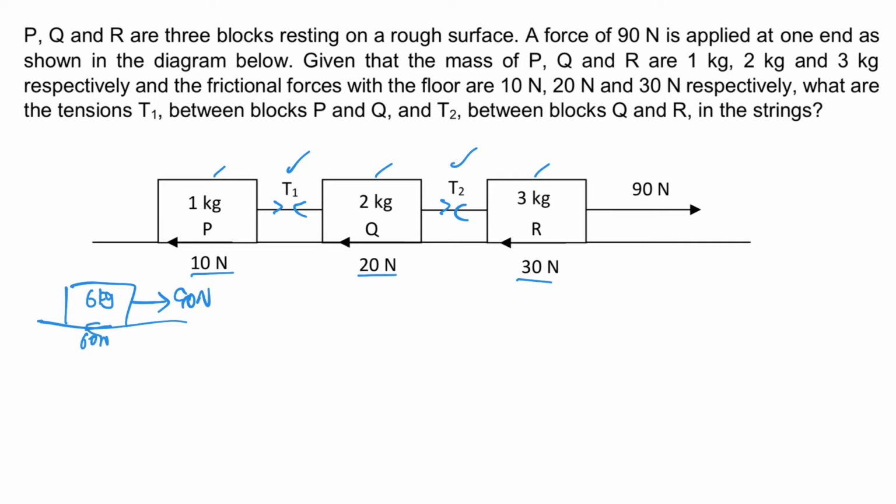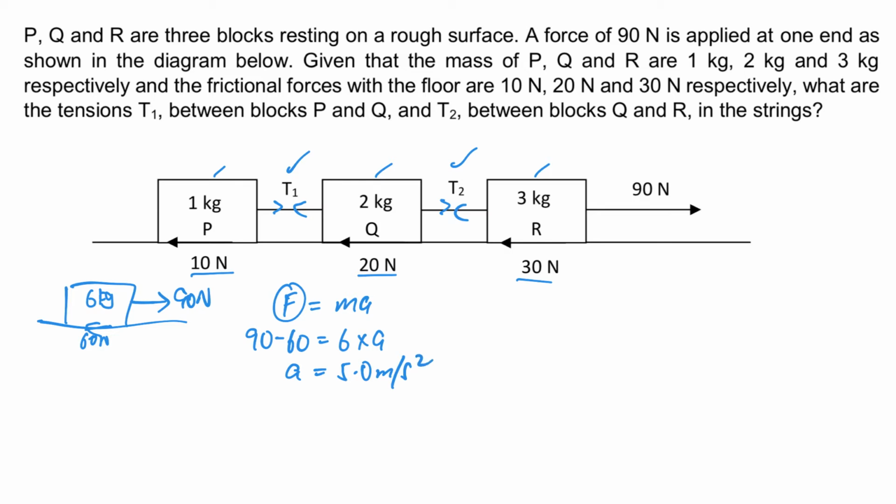So you consider it as a whole system, and I'm going to apply F equals ma. So the resultant force acting on this whole system will be 90 minus 60 equals the total mass, which is 6 kg, times the acceleration. So the acceleration of the whole system is 5.0 meters per second squared.